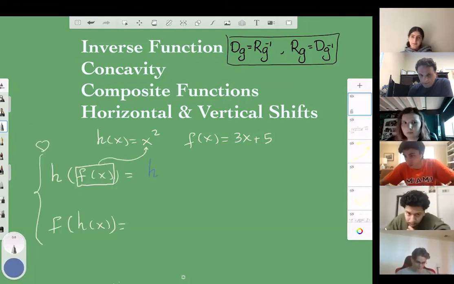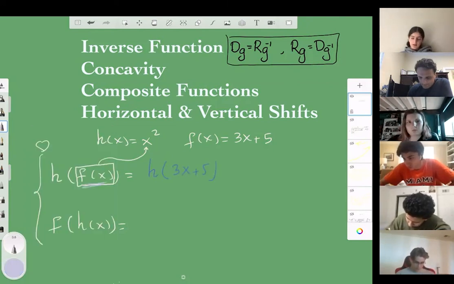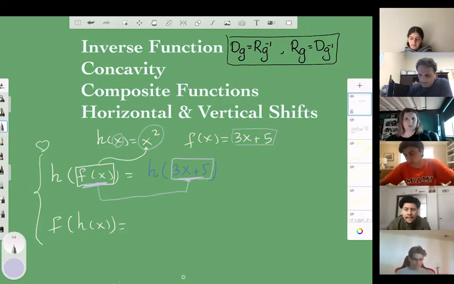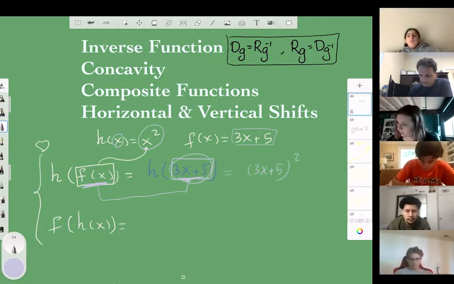So h of 3x plus 5. Instead of f of x, I put 3x plus 5 because f of x equals 3x plus 5. H of x makes it x squared. If it's 3x plus 5, it will be 3x plus 5 squared.